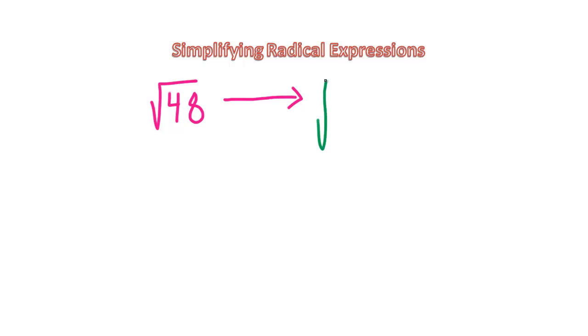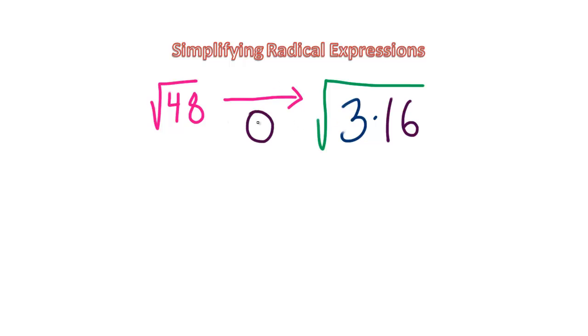Again, here's the radical, and I'm thinking of two numbers. Let's see, maybe 3 times 16 perhaps. That might work. 3 times 16 is 48, so we're okay.